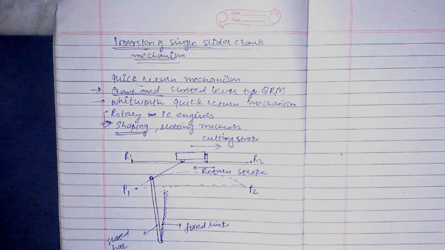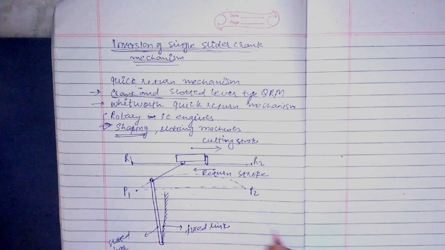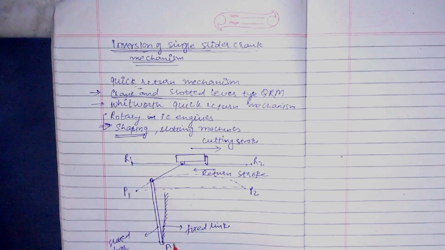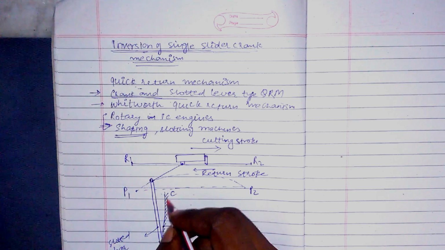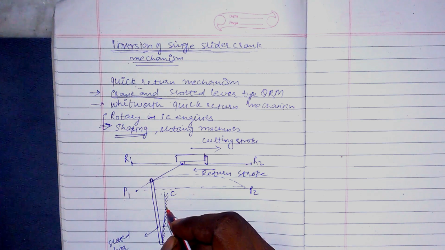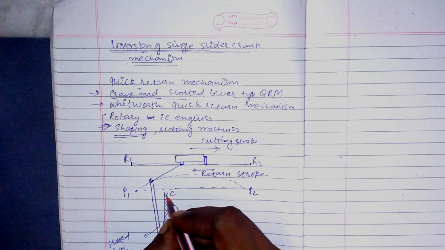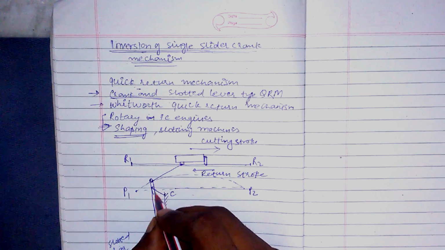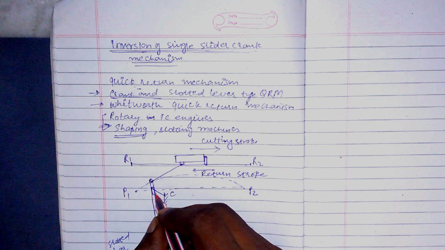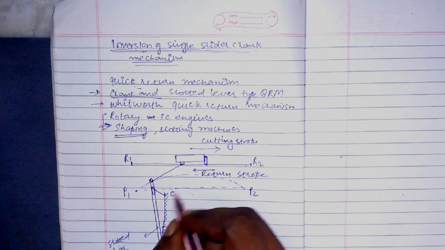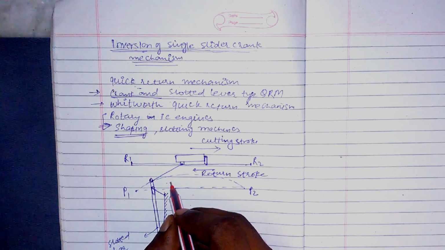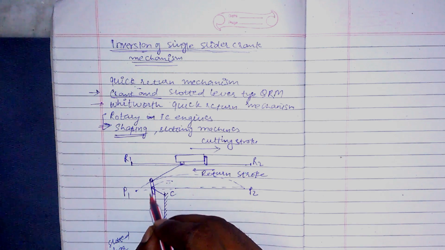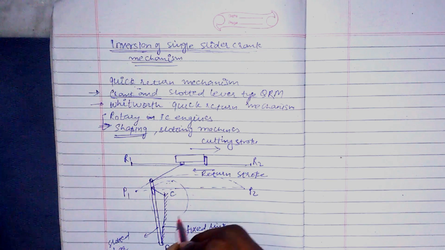Now let's discuss how it works. In this mechanism, this is A and this is C. AC forms a turning pair which is fixed, and here C is attached with a slider which is inside this slotted bar, and when it rotates, it traces a path. I have drawn it very badly. Suppose this is a circle that it forms.